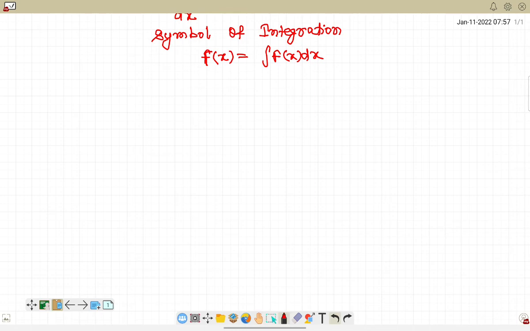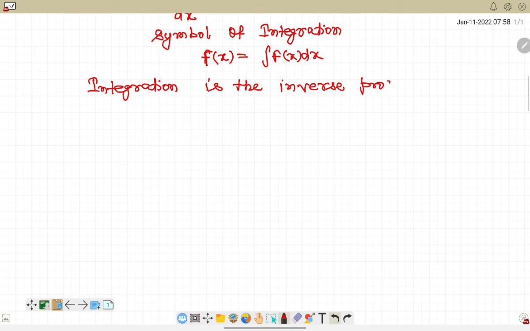So we can write one more line here: integration is the inverse process of differentiation. We can start from here.